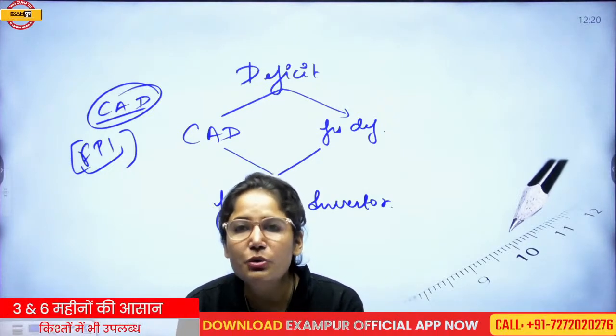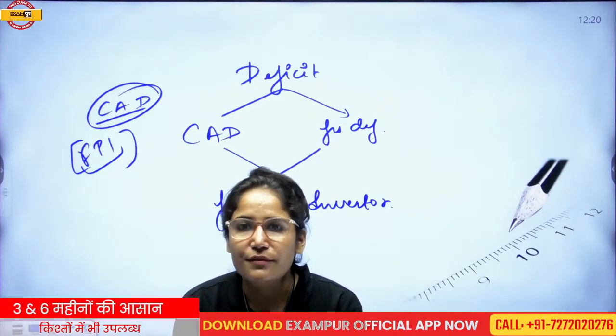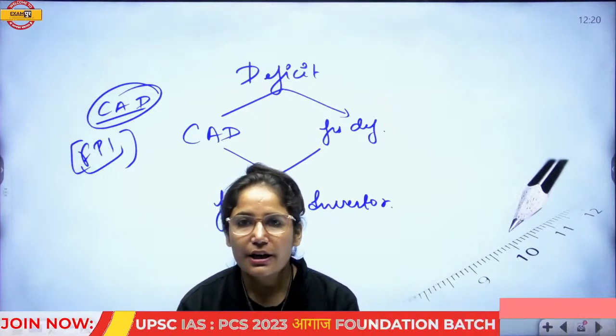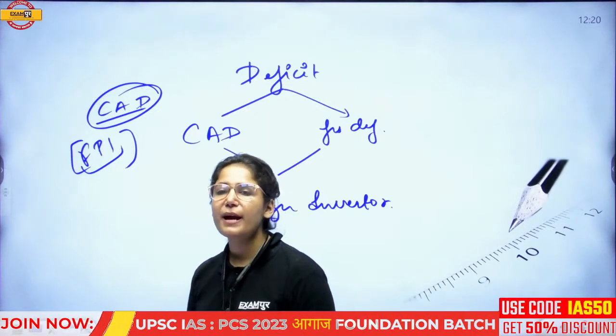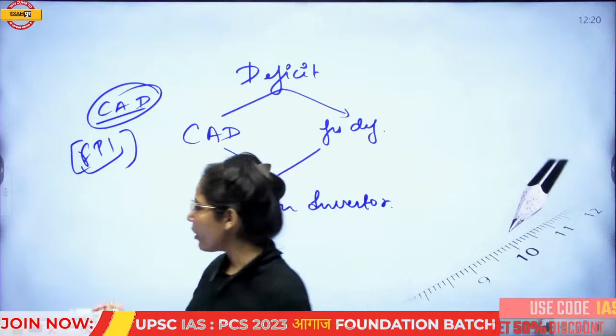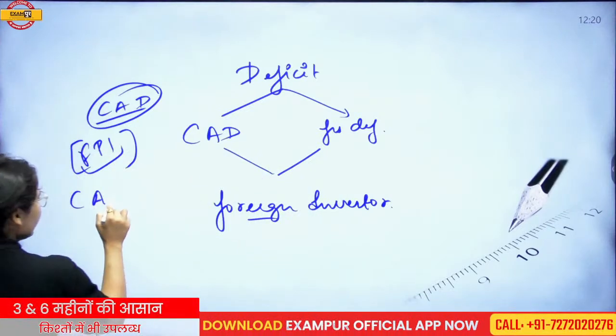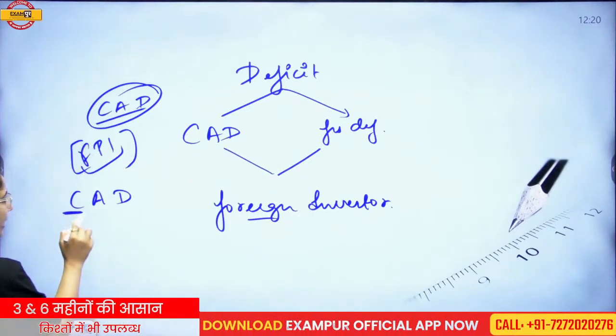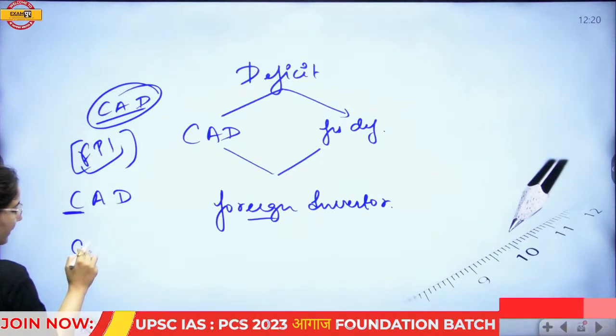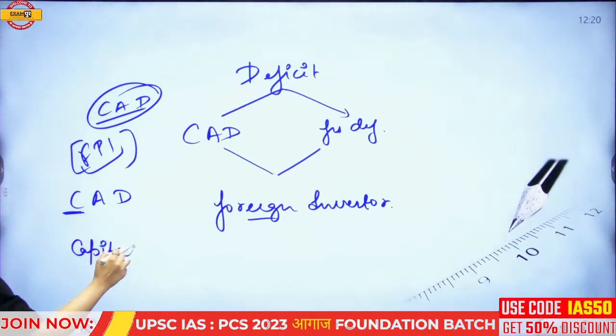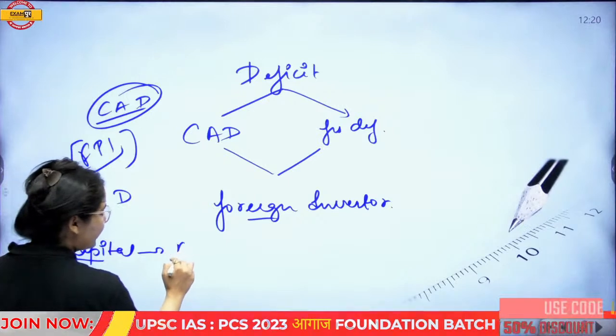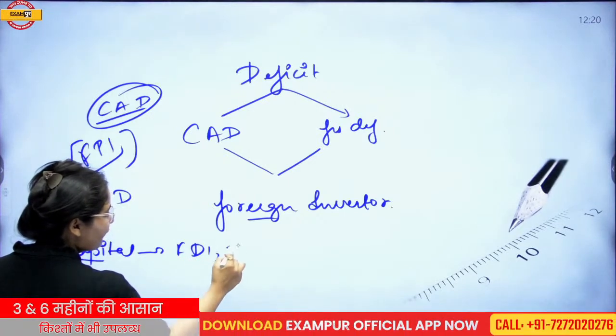This is reducing our reserves of foreign exchange. Getting my point? This is impacting the BOP, because BOP is divided into the current account and the capital account. The capital account is associated with FDI, loans and FPI.